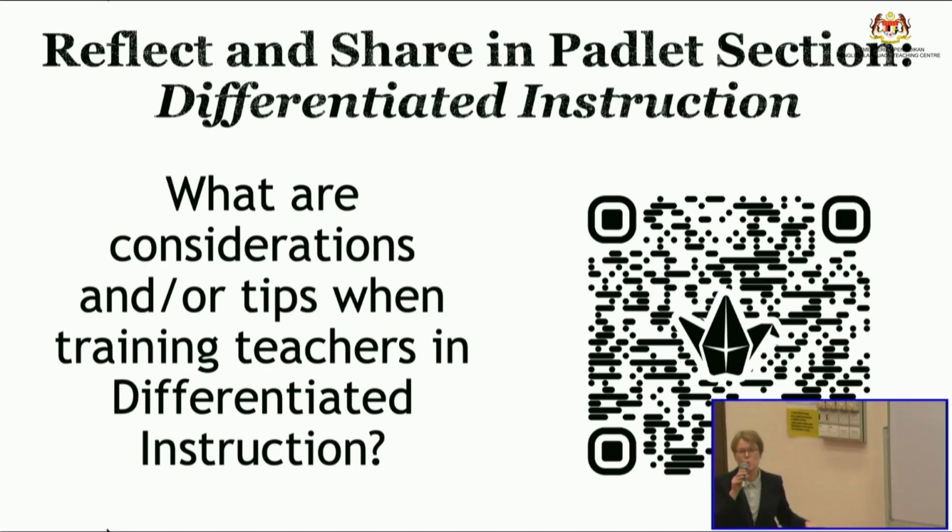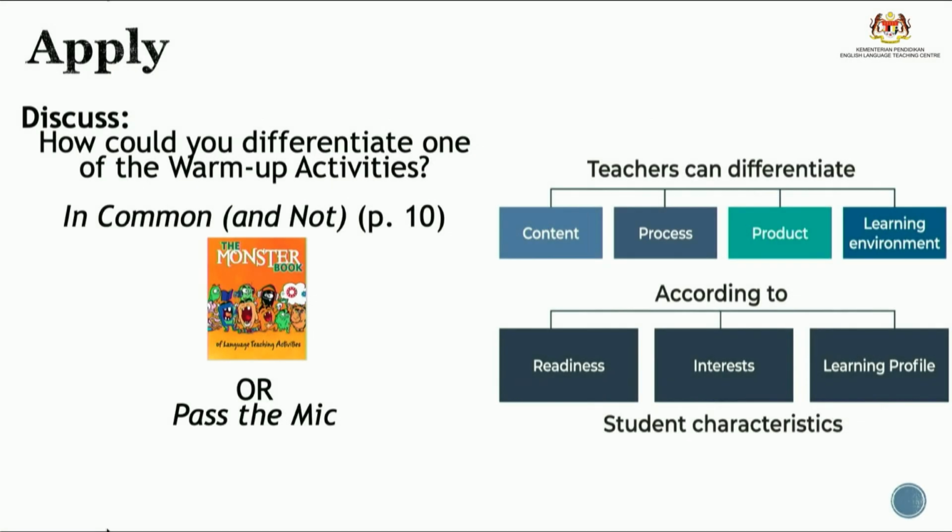Okay, because one of the challenges in DI is preparation, right? Being able to prepare. Okay, so if we think of some of the warm-up activities that we've done, we've done In Common and Not, and we've done Pass the Mic. Okay, you've experienced it. If you consider a class of diverse learners, let's say they're mixed ability, right?